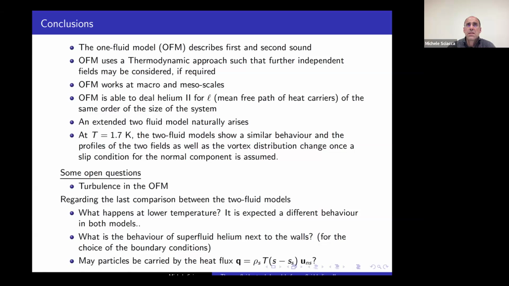But of course, we don't know if there is another kind of turbulence for the heat flux itself, which is a field here. Another question which we claim is very important to consider is the boundary condition for the heat flux and the normal component.